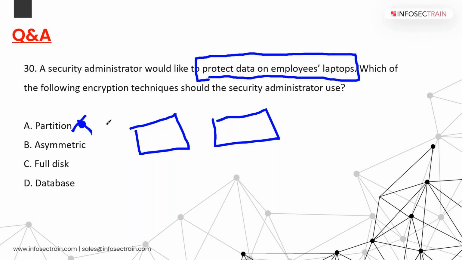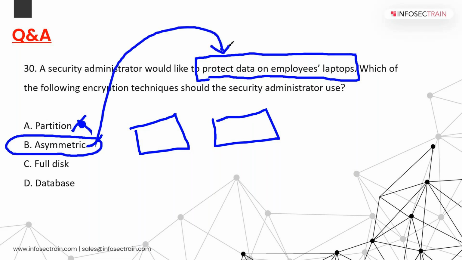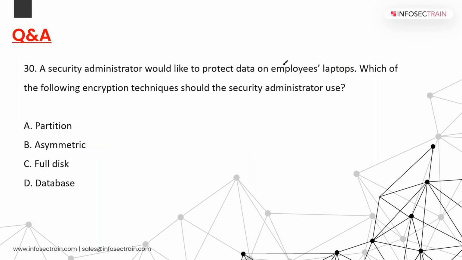Super good, right? But in this kind of situation, this is not the best way, I would say. We have to choose the way through which I can protect the data on the employee's laptop. Asymmetric, I would say, is not a great idea.